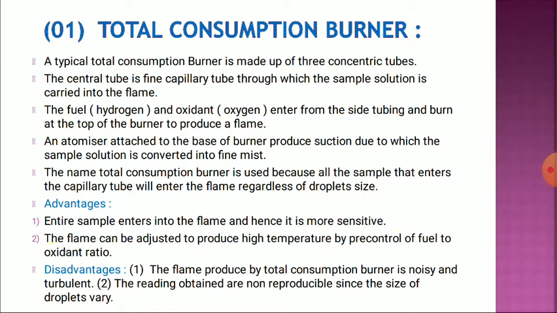Second, the flame can be adjusted to produce high temperature by precise control of the fuel and oxidant ratio. When we control the appropriate ratio of oxidant and fuel, we will get the high temperature, or we can say the required temperature. This is also another advantage of this total consumption burner.